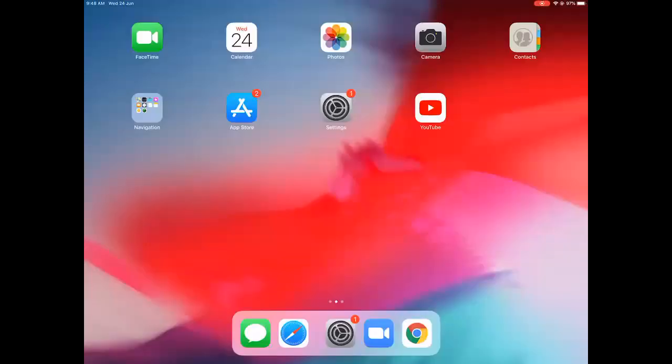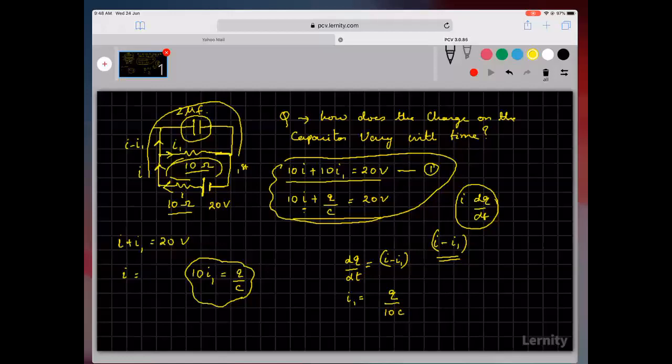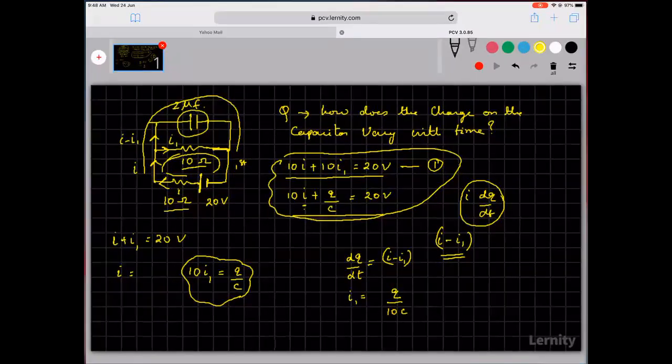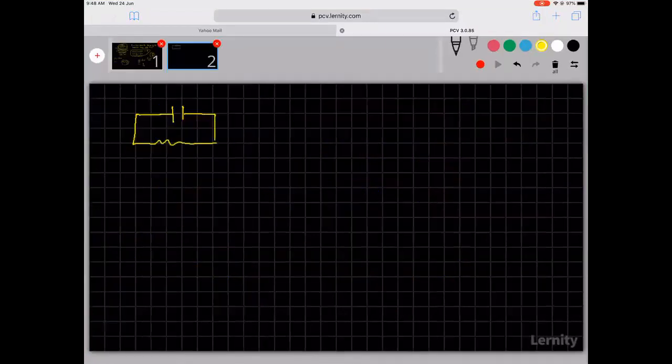Okay, some fundamental questions are coming up. Look, this is the circuit. There is a resistor here, and a resistor here, and a potential source here. This is V, this is 10 ohms, this is also 10 ohms, this is some 2 microfarad.